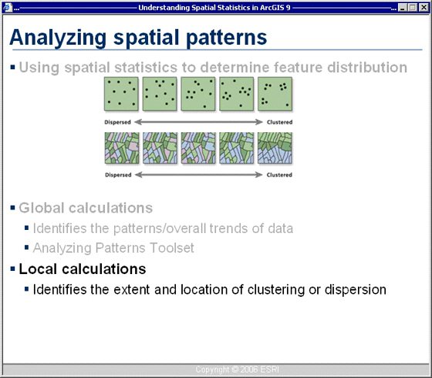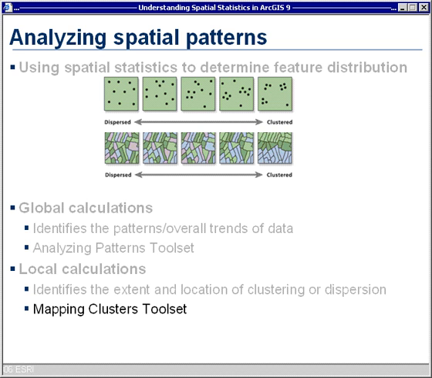These calculations identify the extent and locations of clustering. They answer the question, where do we have spatial clustering? Local type calculations are found in the Mapping Clusters toolset. These statistics process every feature within the context of its neighboring features in order to determine whether or not it represents a spatial outlier or if it's part of a statistically significant spatial cluster.